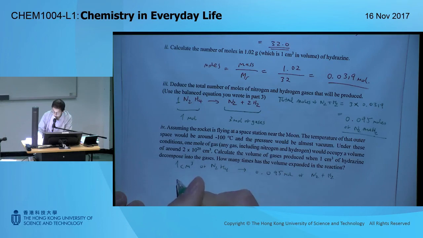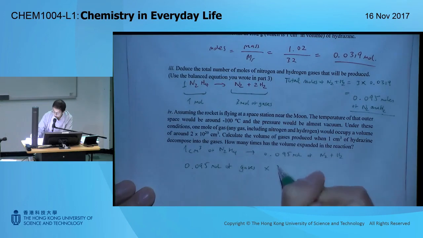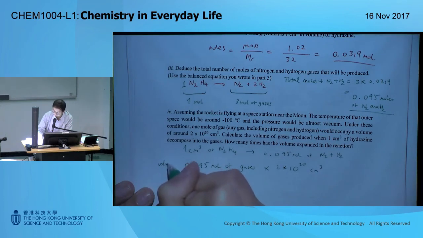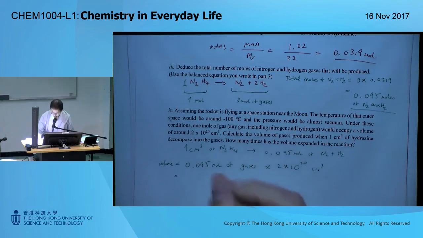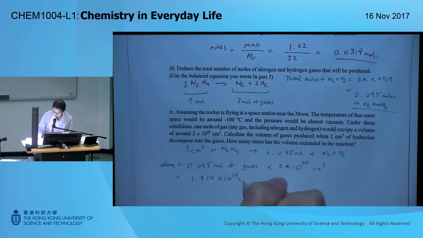So 0.095 moles of gases has a volume of 2 times 10 to the 20 cm cube, which gives us 1.914 times 10 to the 19 cm cube.